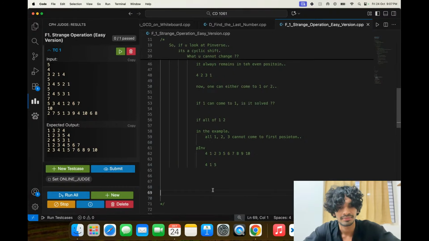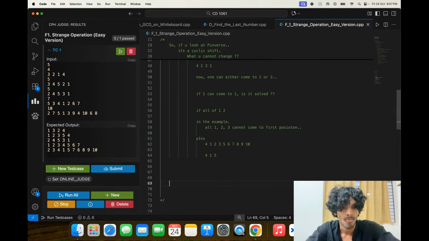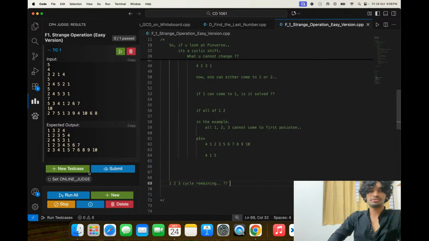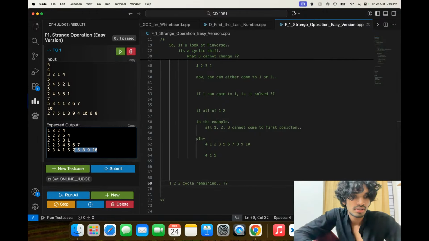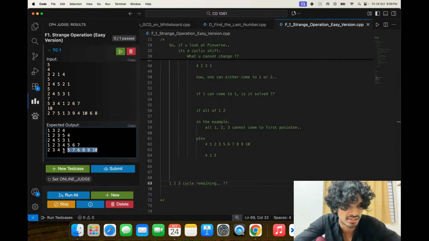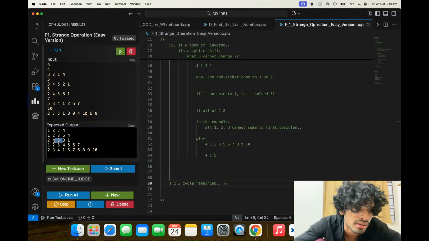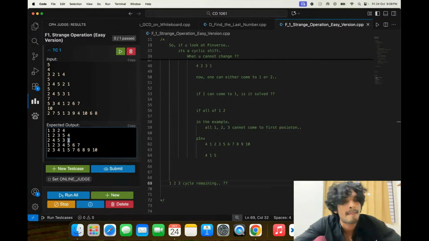Is it like 1, 2, 3, then cycle the remaining things? If you generalize these things, guessing from the test cases, 4 comma 5 has been cycled, right? See here. Nah, guessing is bad.